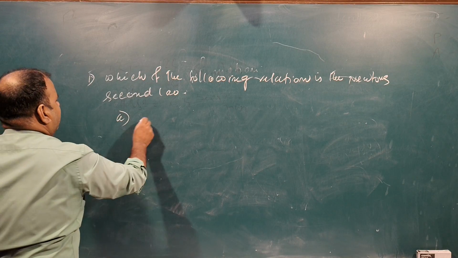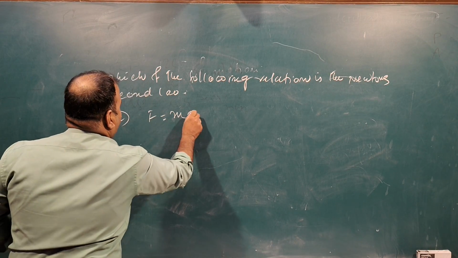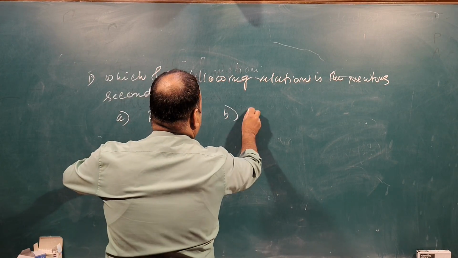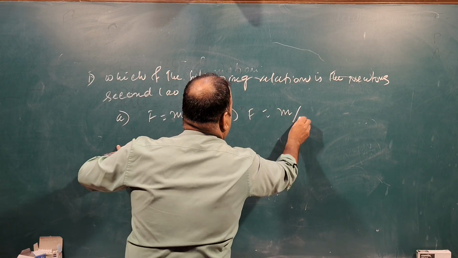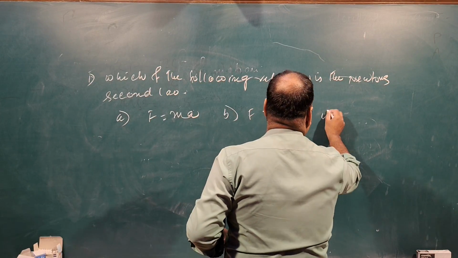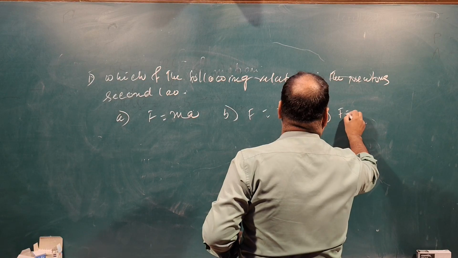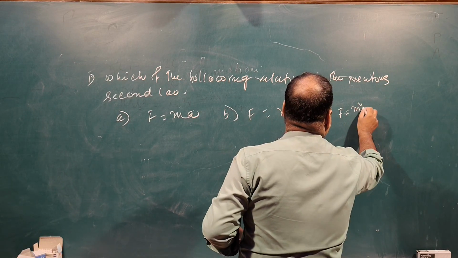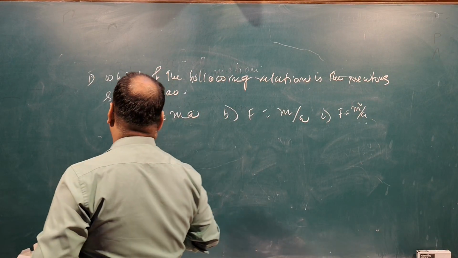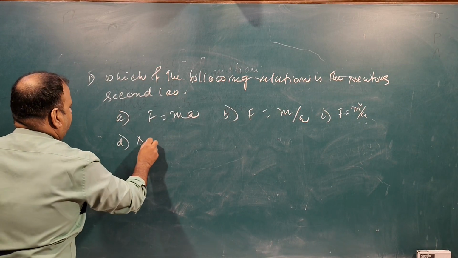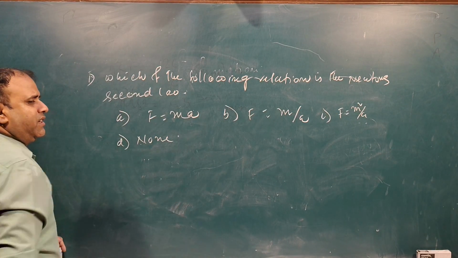Option A: F is equal to ma. Option B: F is equal to m by e. Option C: F is equal to m square by e. And option D: none of the above.